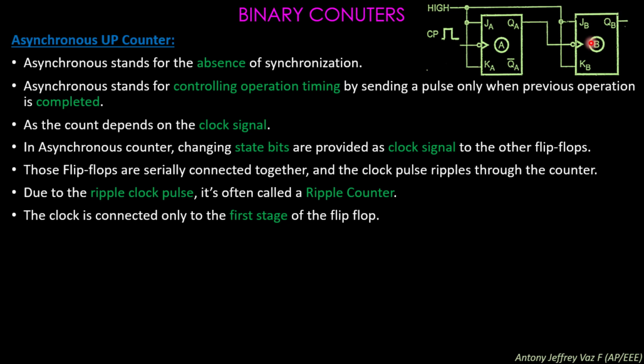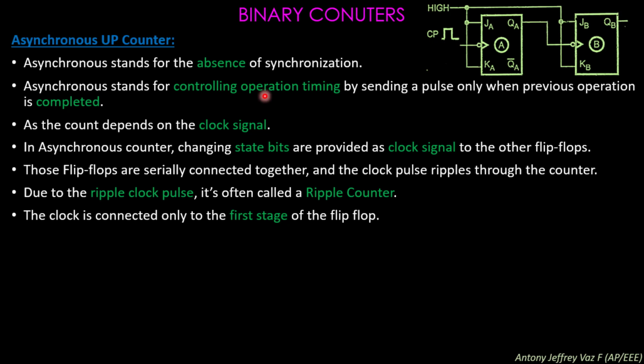The B flip-flop is going to be driven by the QA signal of the first flip-flop. This QA output of the first flip-flop is being used to drive the second flip-flop clock signal. So once the work is completed, you can apply the second clock pulse. If the work is not completed, you may stop giving the clock pulse.